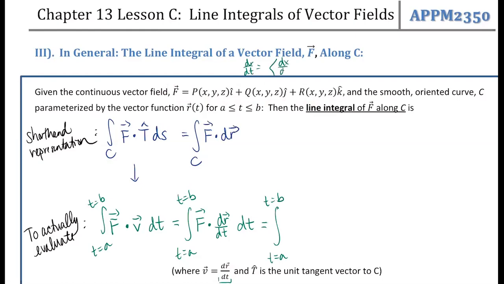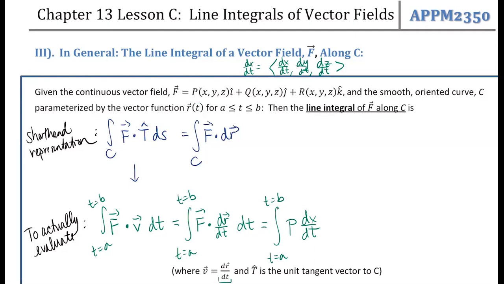It'll be dx/dt, dy/dt, dz/dt. So let's say we start taking the dot product, the I components. I'm going to have P times dx/dt. And I'm writing P right now. I know up here it's a function of x, y, and z. When you actually evaluate, you're going to have to plug in what x, y, and z are in terms of your parameterization, so that P at the end of the day will become just a function of t.